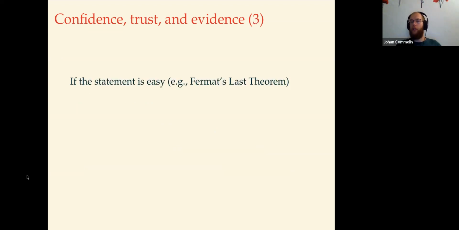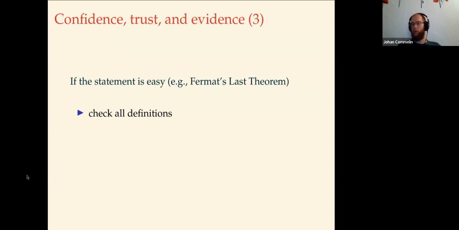But if the statement is really easy, then there is actually a pretty easy answer. For example, Fermat's last theorem has a tremendously complicated proof, but the statement is really easy. It's just a very short statement about natural numbers, and natural numbers are one of the easiest definitions that you have. So you just check all the definitions.